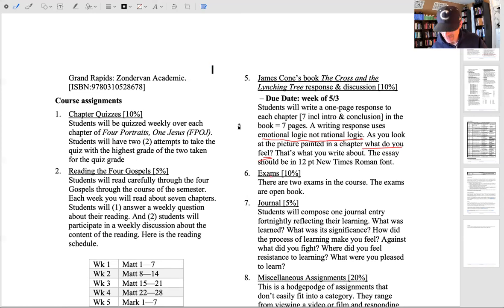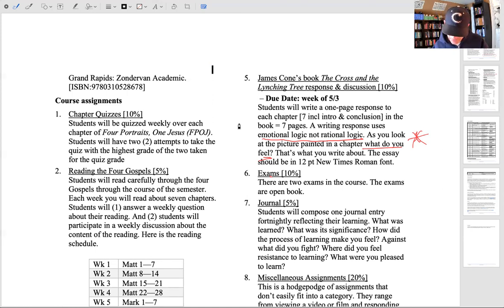And sometimes students don't get that point. They offer a summary of the chapter. I'm not interested in a summary. I can read the chapter for myself. What I want is for you to read the chapter and then respond from an emotional logic, not a rational logic.